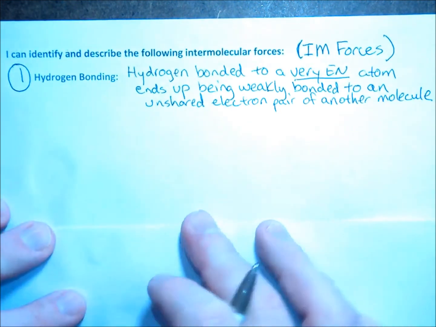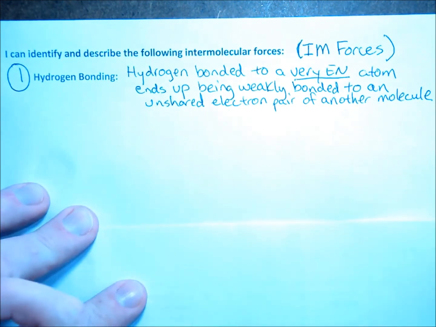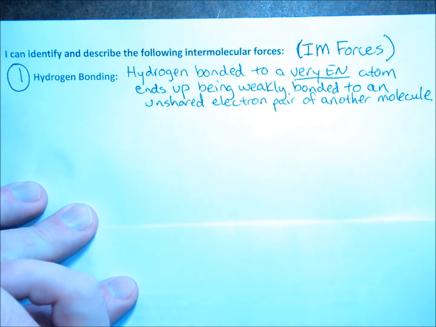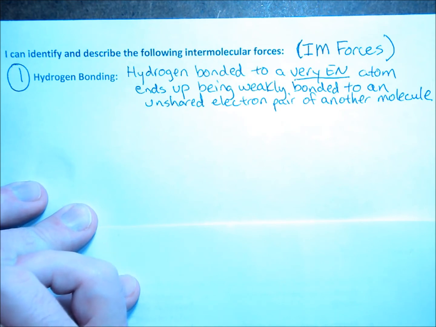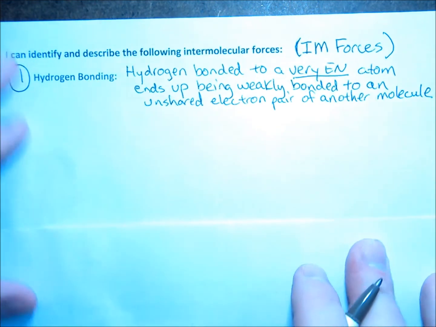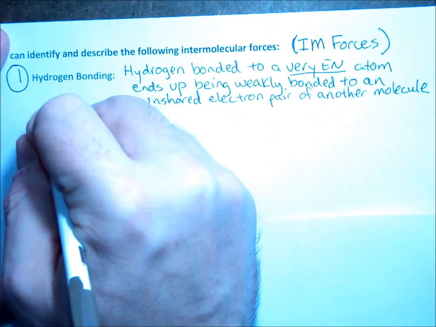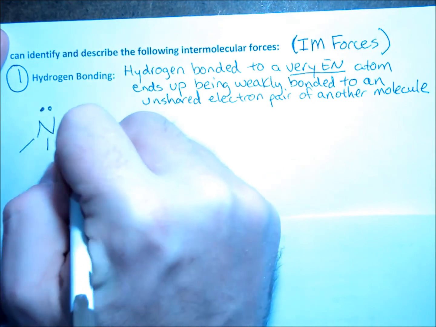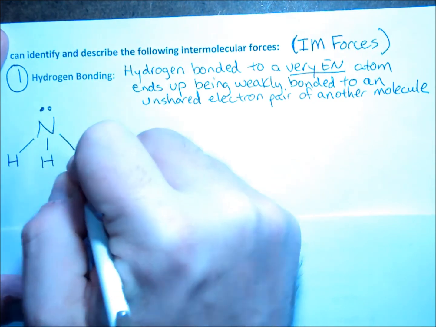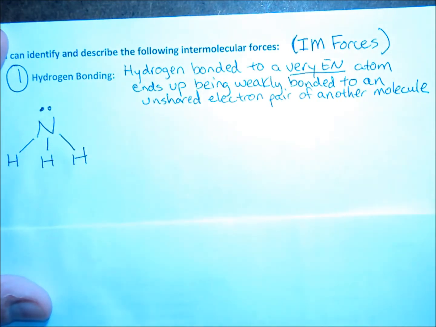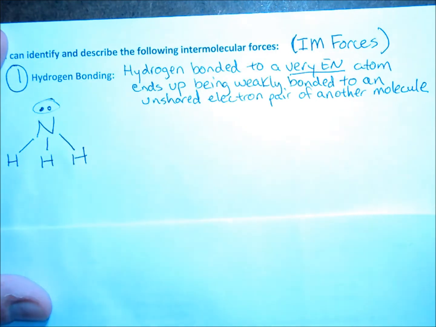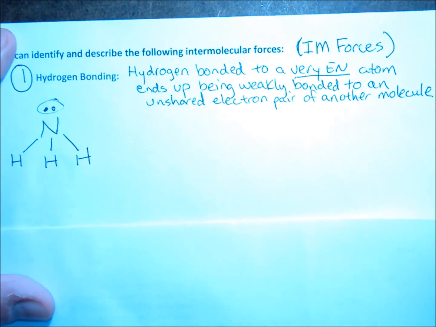Now hydrogen bonding is what holds water molecules together, but I'm going to show you ammonia, NH3, just to do something different here, but it's the same kind of concept that will happen with H2O. So one NH3 molecule looks like this. It has an unshared pair of electrons, and the three hydrogen atoms are bent down in a pyramid shape.